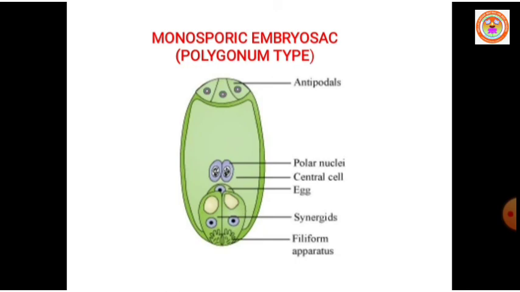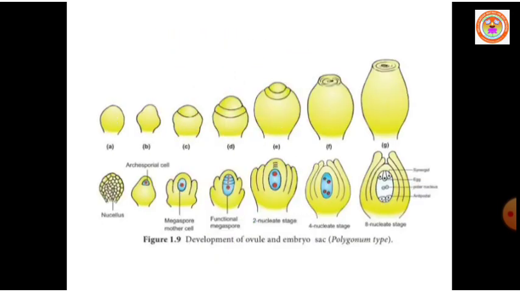In this type of embryo sac, the egg apparatus is made up of a central cell called the egg and 2 synergids, 1 synergid on each side of the egg cell. What is the role of the synergids?